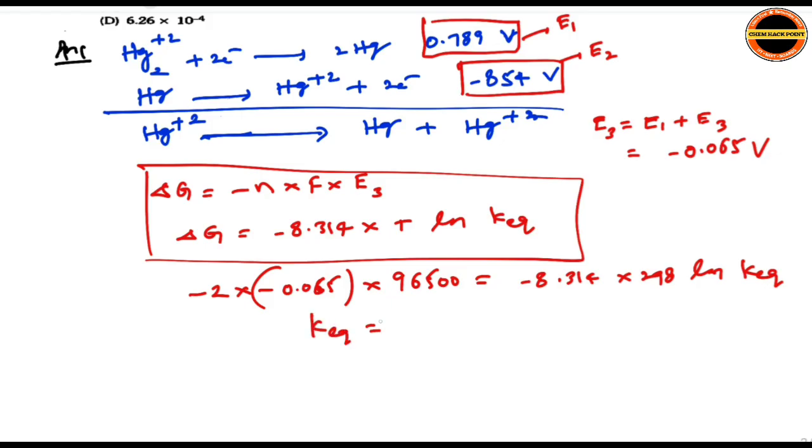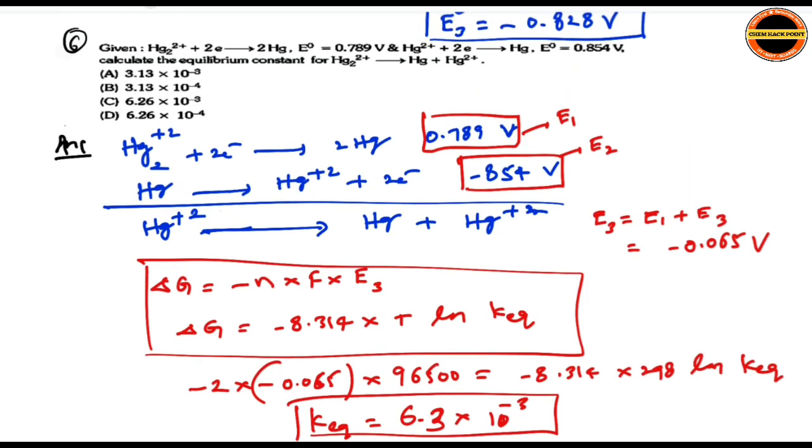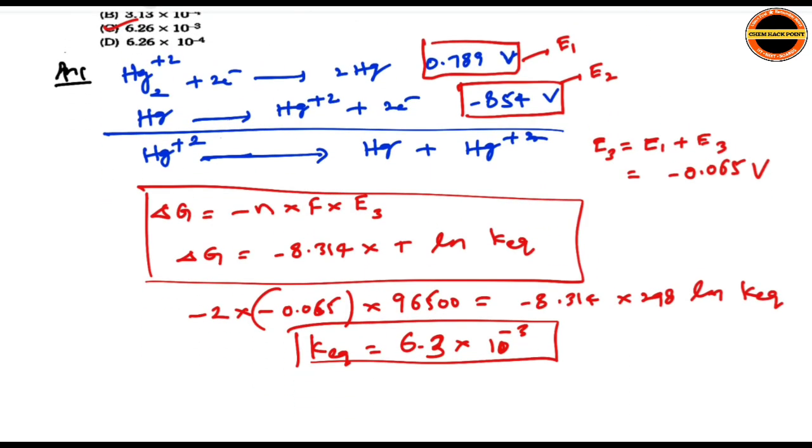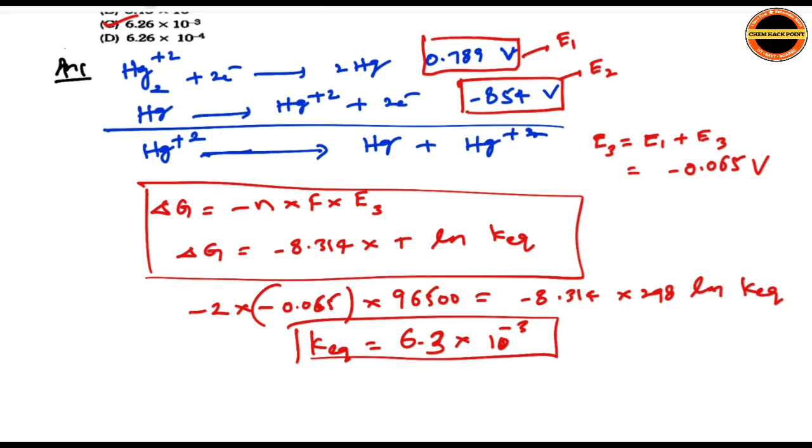If you calculate the equilibrium constant overall, you will get approximately 6.3 into 10 power minus 3. So your answer should be option C. What we did: we added two reactions, and the third equation we combined with the equilibrium constant expression as well as the normal nFE3.